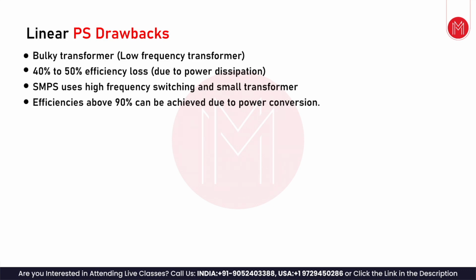Efficiency is 40 to 50% in linear power supplies, whereas SMPS uses high frequency switching, and so the transformer is small. At high frequencies, the transformer size reduces drastically, and efficiency above 90% can be achieved due to power conversion in SMPS.